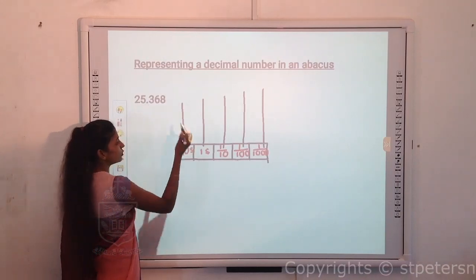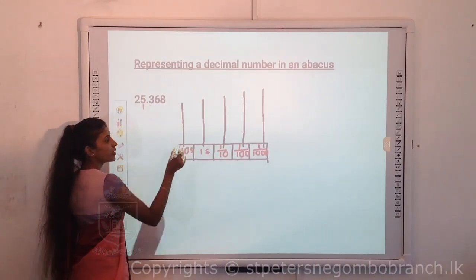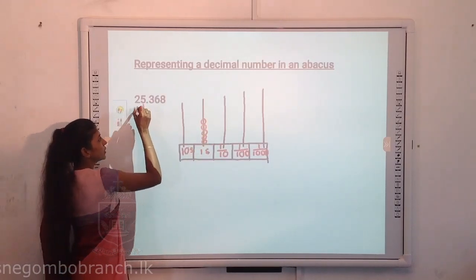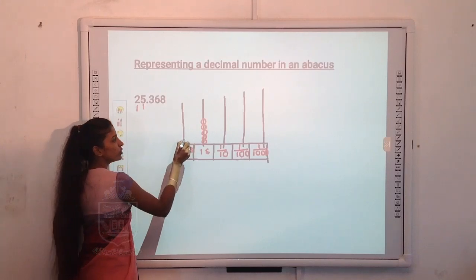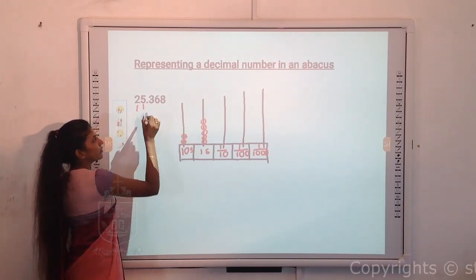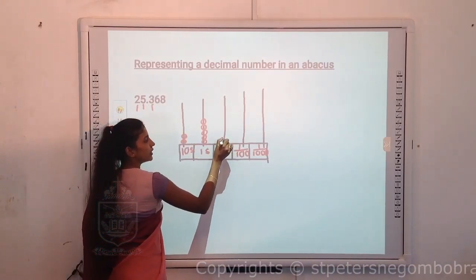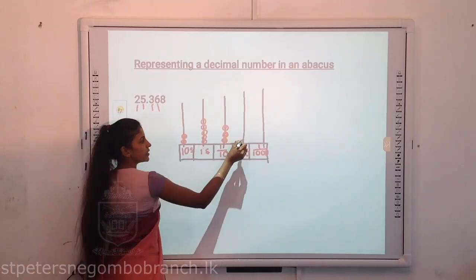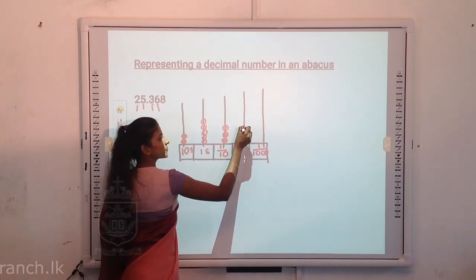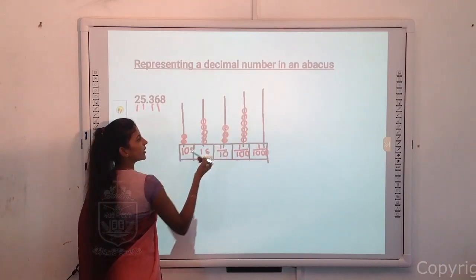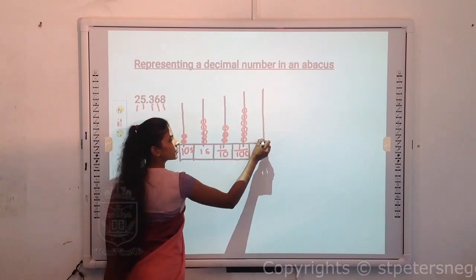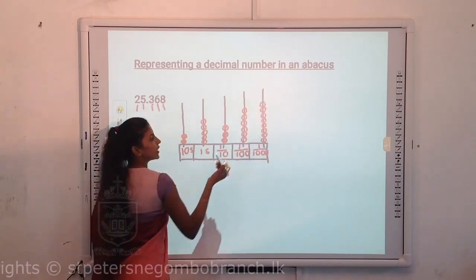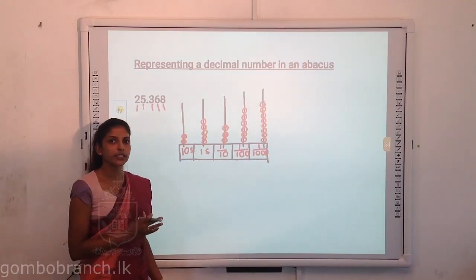In the ones place, the digit is 5. In the tens place, that is 2. In the first decimal place, you have 3. In the second decimal place, you have 6. And in the third decimal place, you have 8.